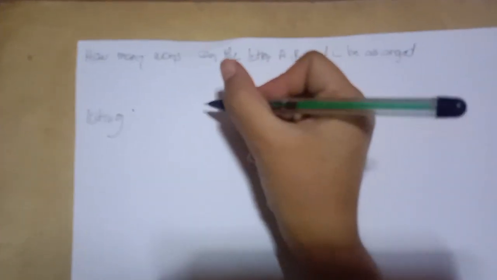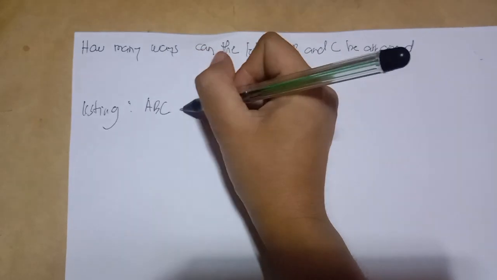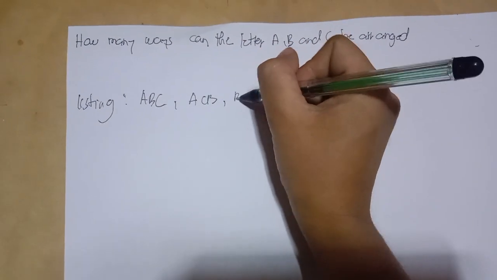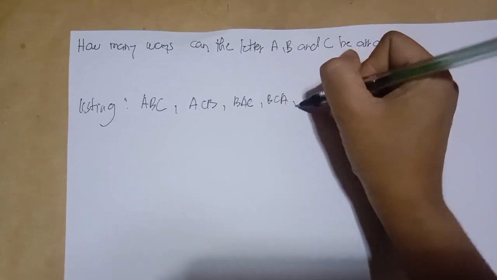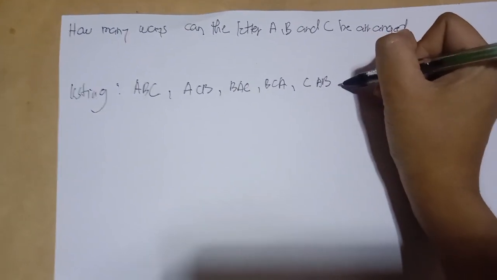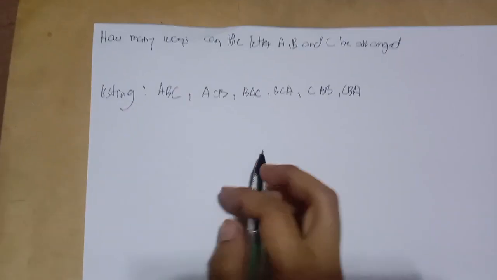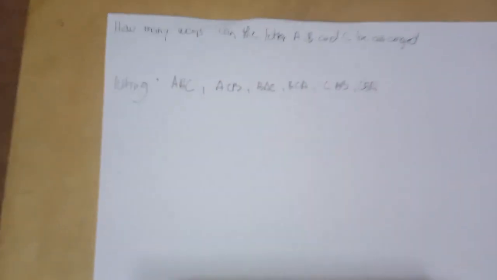First is ABC, ACB, BAC, BCA, CAB, and CBA. So we have 1, 2, 3, 4, 5, 6. So 6 ways.